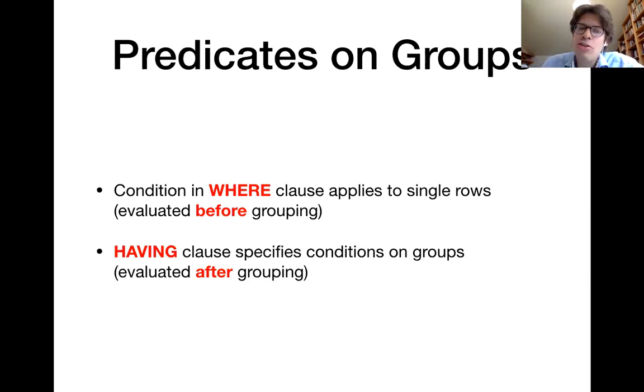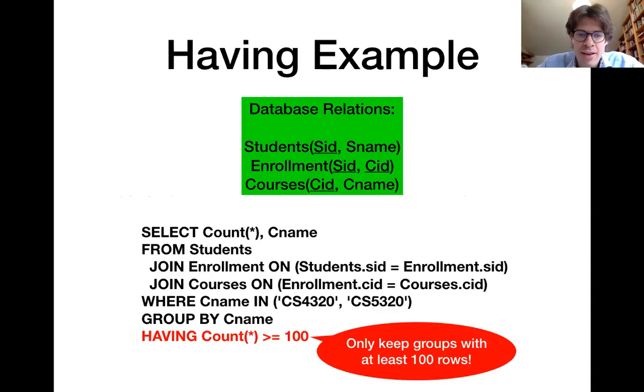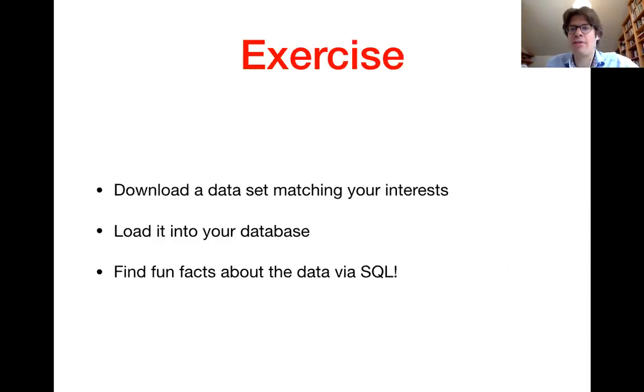You can do that using the having clause. For instance, here in this example, we have added a having clause in order to only show the results for those courses where we have a count of at least 100, which incidentally is the case for those courses here. And then in your query result, you're only shown those groups which satisfy those conditions.